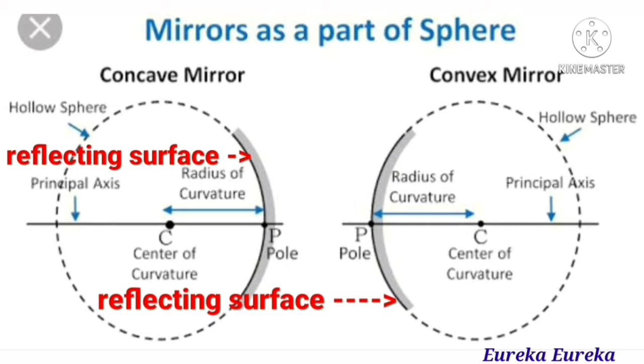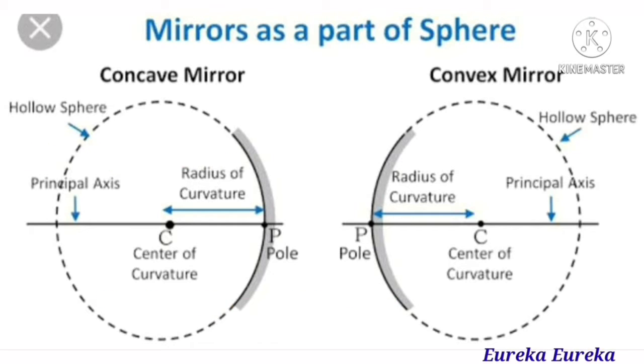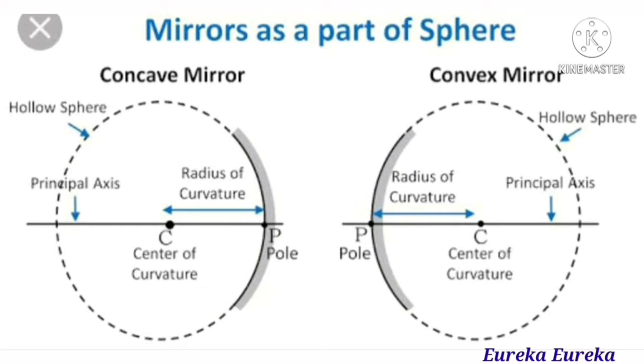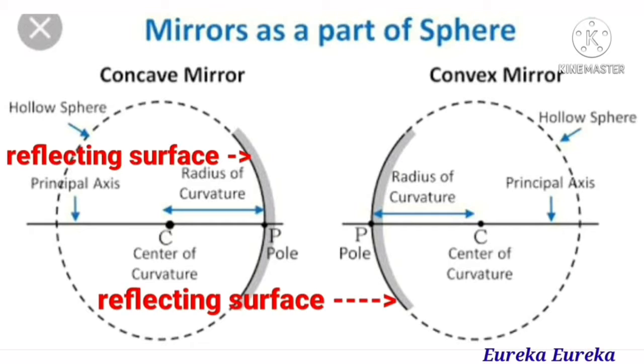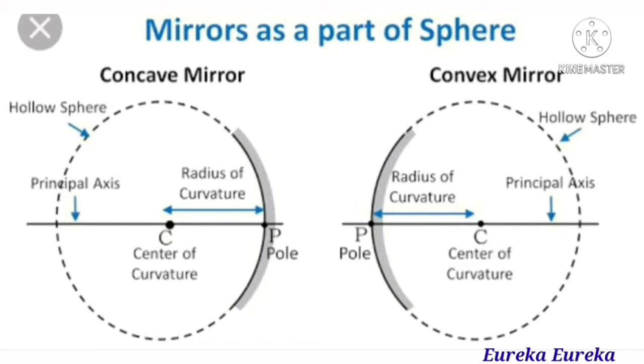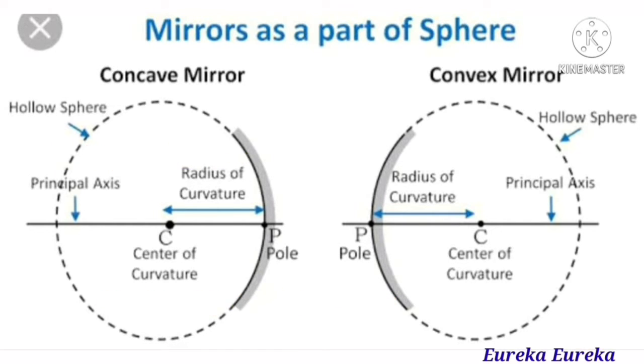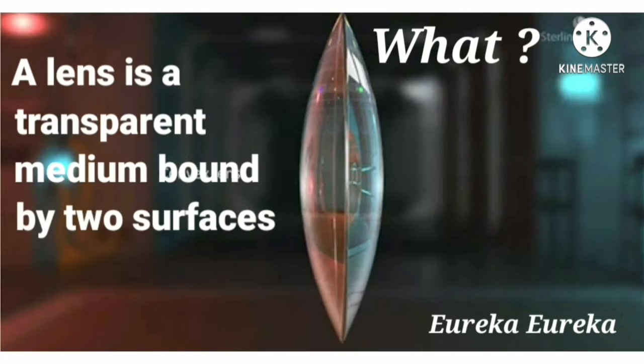As you can visualize here, in a concave mirror the inner surface is the reflecting surface, whereas in a convex mirror the outer or convex surface is the reflecting surface. For reflection to take place, one side of the glass is coated with a shiny substance. Now let us see what a lens is.